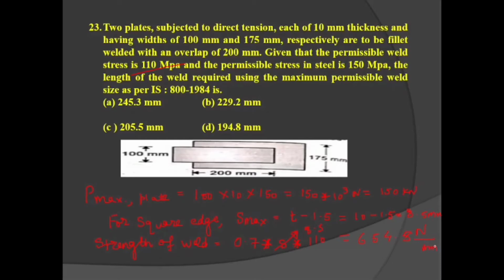Now length can easily be calculated: P maximum divided by the strength, then length is calculated.